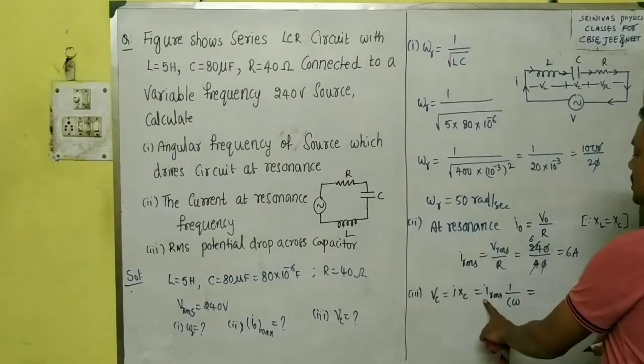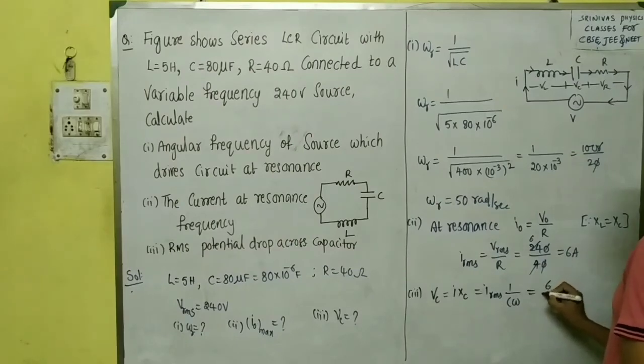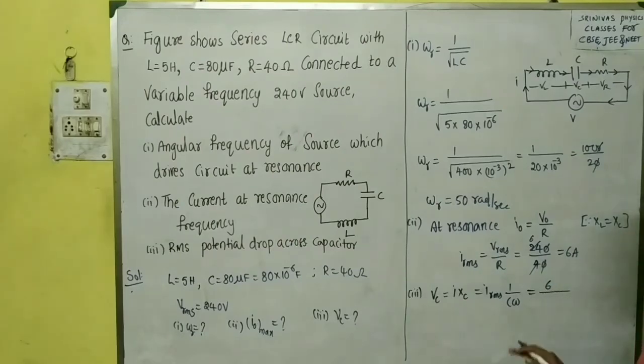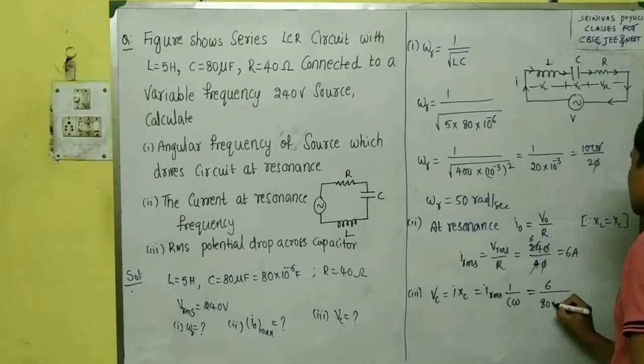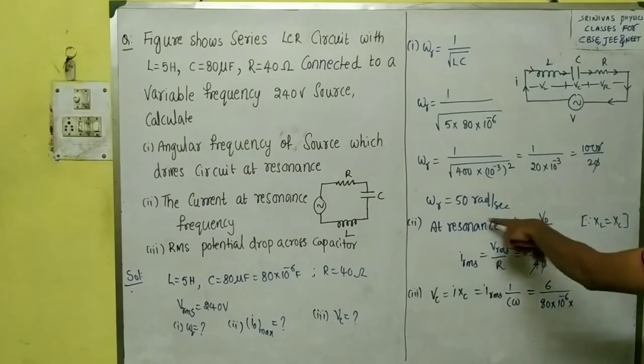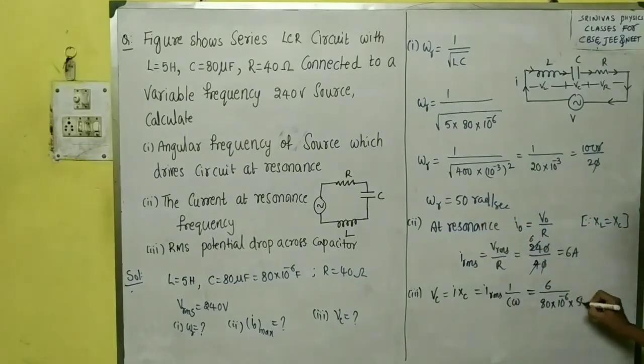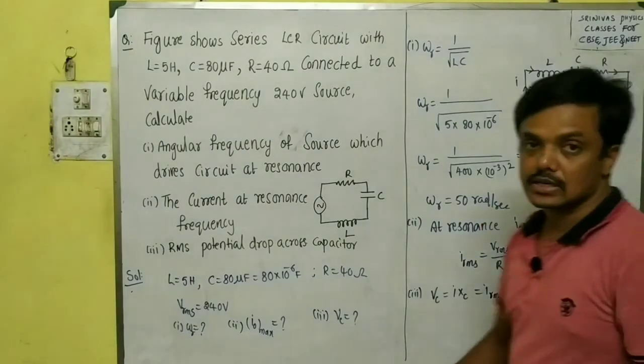IRMS at resonance is 6 amperes, C is 8 into 10 to the power of minus 6, and omega is 50. Now we simplify to get the answer.